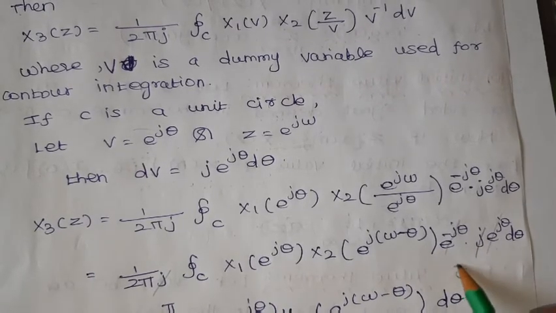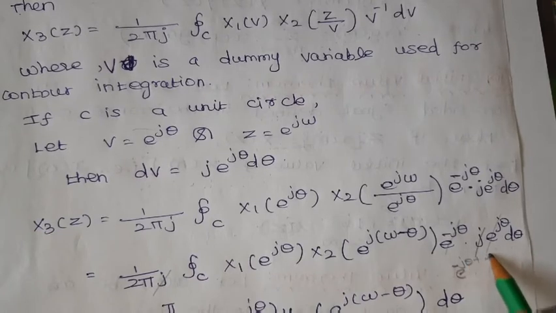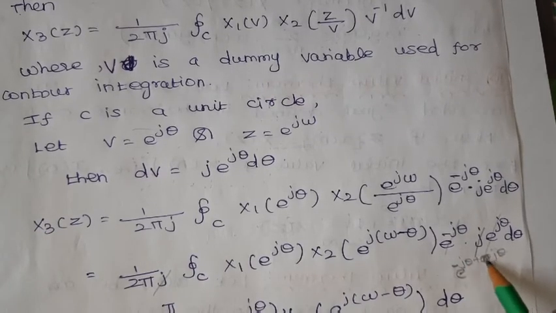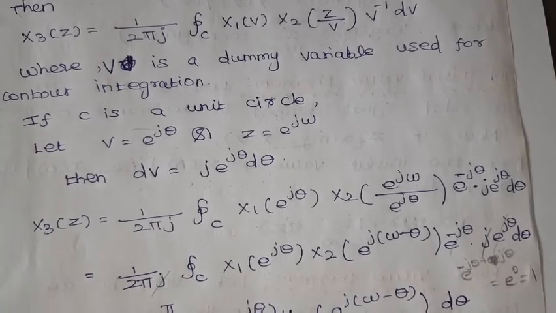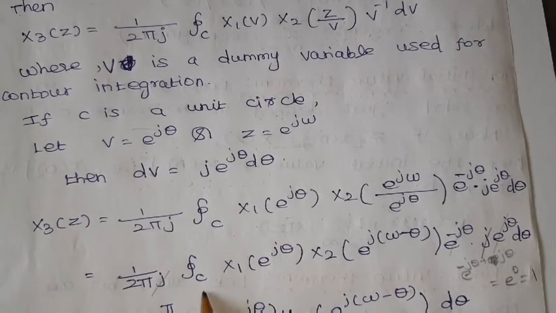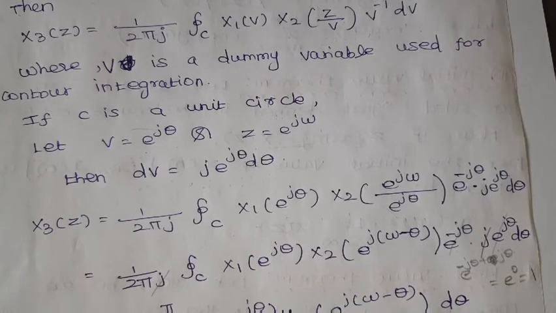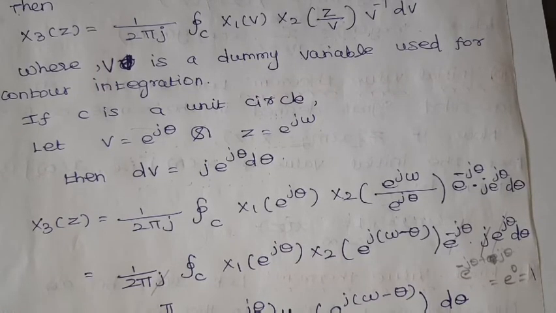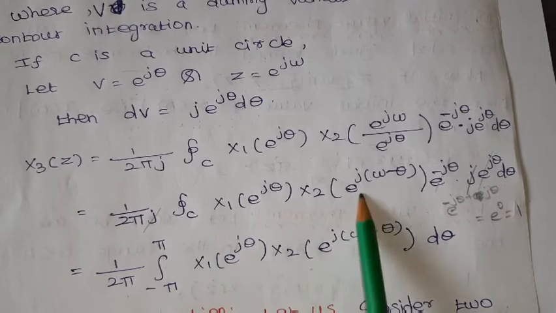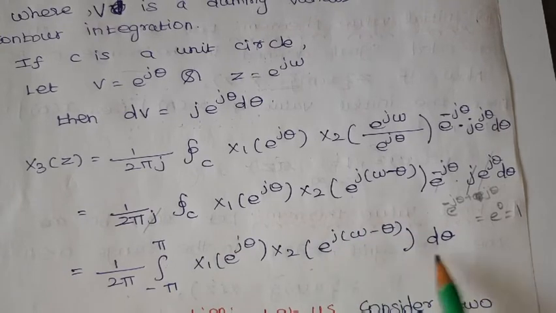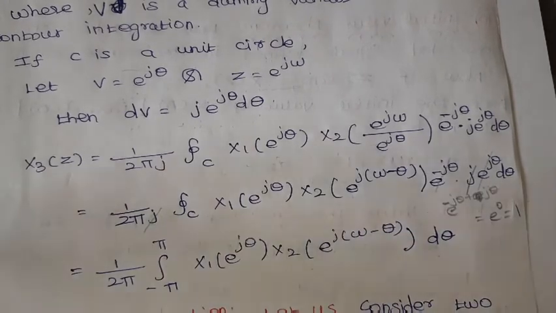So 1 by 2 pi, for the limit of theta from minus pi to plus pi, integral over minus pi to plus pi of x1 of e power j theta into x2 of e power j of omega minus theta into d theta.